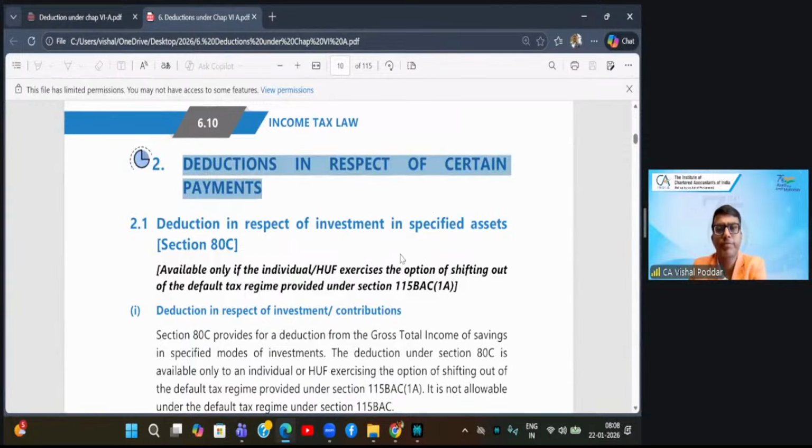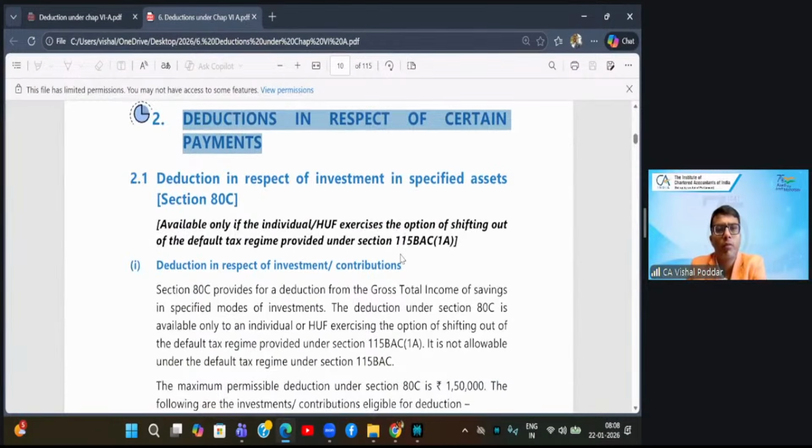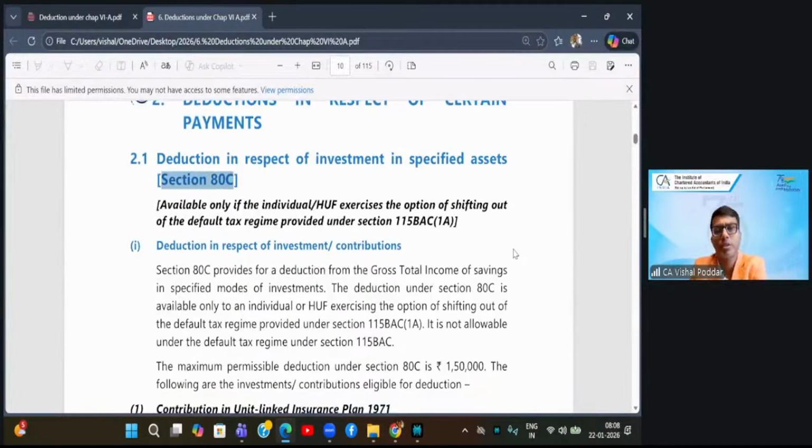Right? Now, we start with the first section, section 80C. Now, this section covers around 22 different payments. We will study the names and then we will even see what the conditions are. But firstly, this section allows deduction only to individual and HUF.